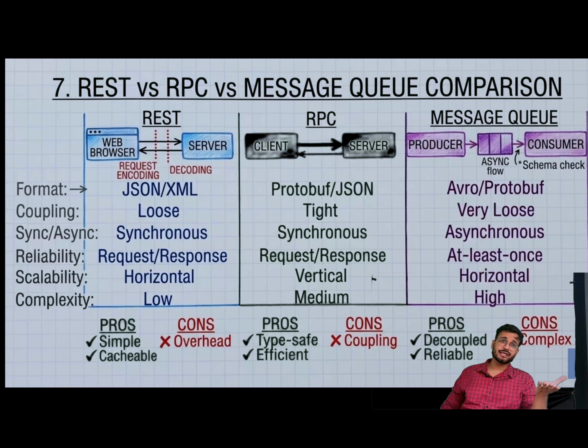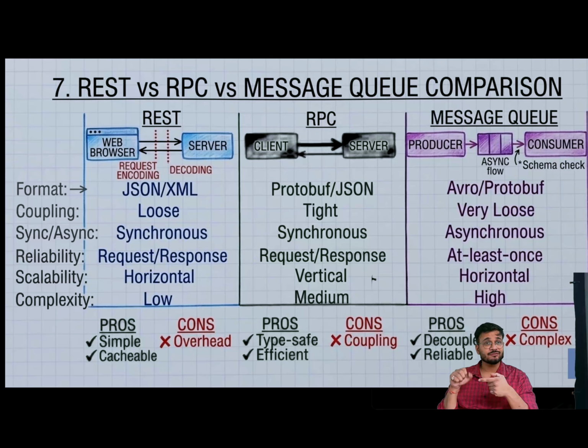Now you will ask me when to use what. When do you use REST, when do you use RPCs, and when do you use message queues? If you're using public APIs, CRUD operations, or simple request and response, you use REST. If you're using internal microservices, if performance is very critical, or if you're streaming data, you should use RPC.